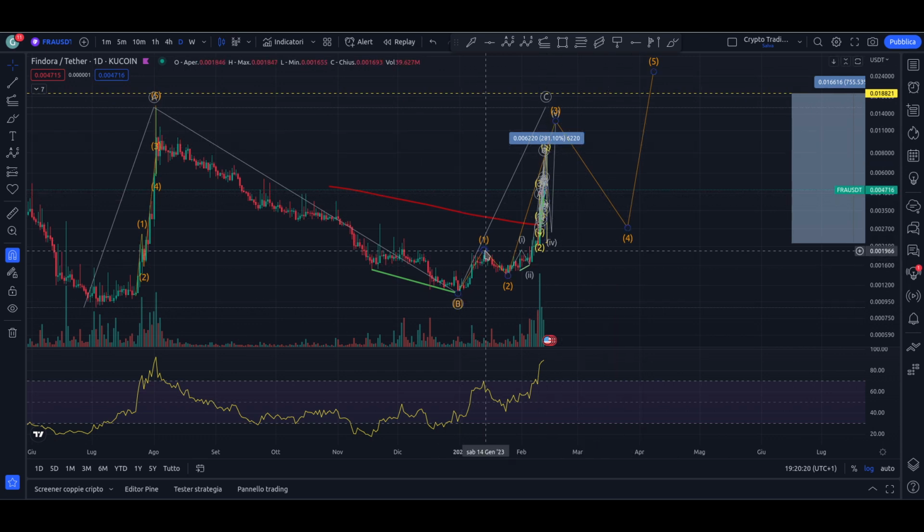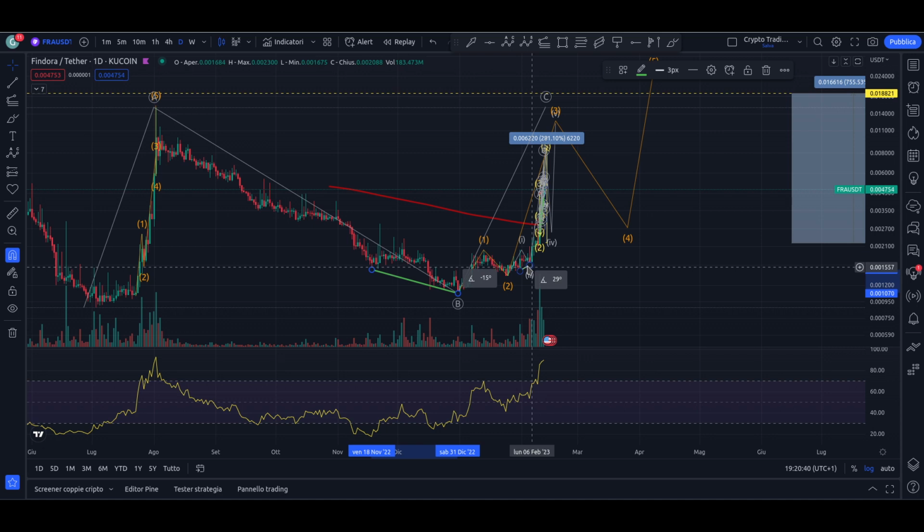For the moment, this is not a divergence. This is not a divergence, but we had a divergence here, which is just before this move up, as we said. And also this one here was a divergence that was anticipating this move up. So let's say that this divergence and this divergence already played out, we could say.